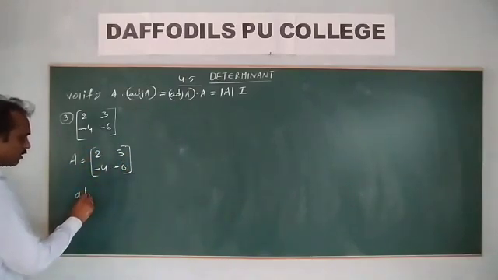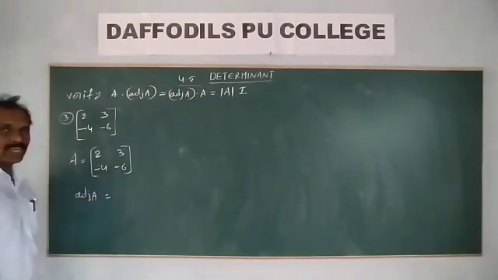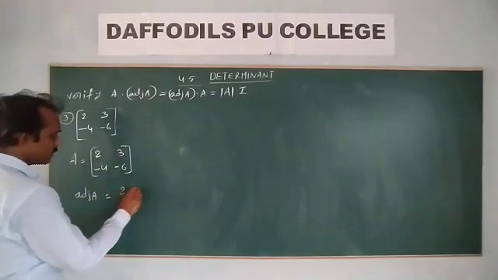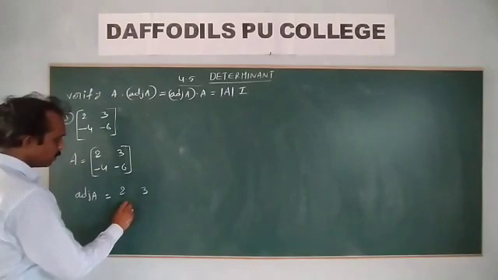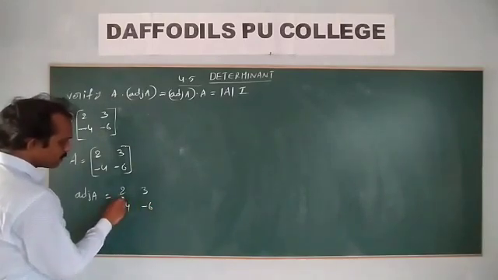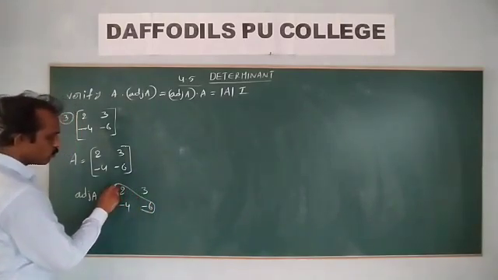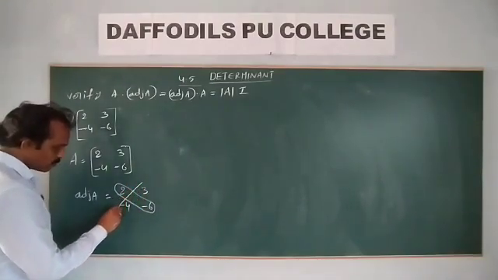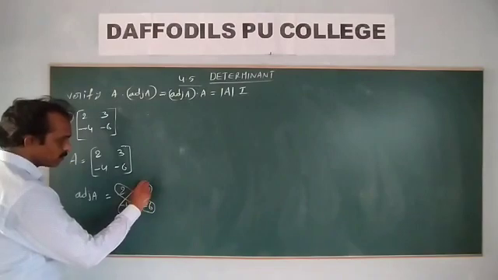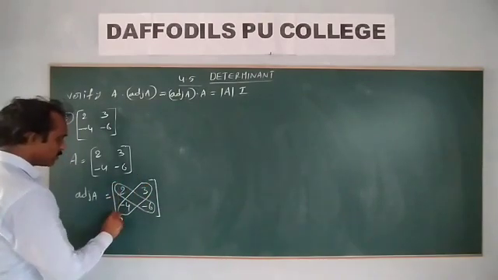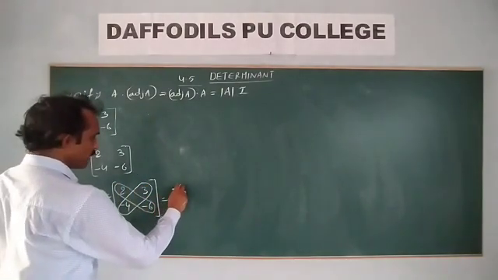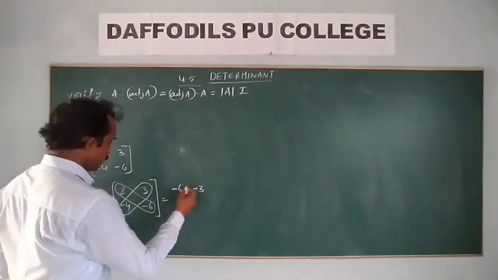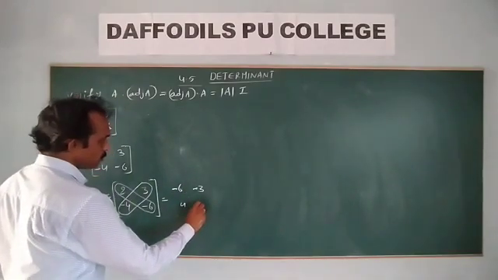Adjoint A: for 2, 3, minus 4, minus 6, these two elements interchange and these two elements change sign. This is equal to minus 6, minus 3, plus 4, 2.